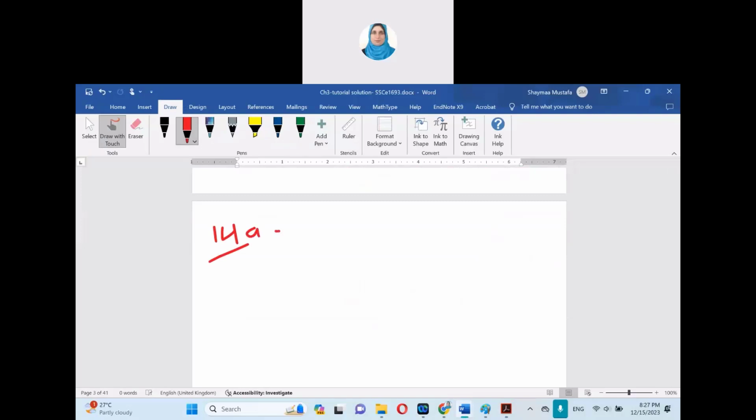We need to integrate from 0 to 1, 6x over x cubed plus 8 dx.